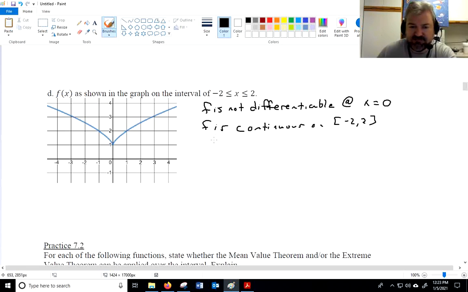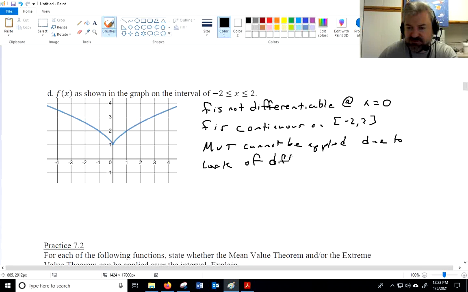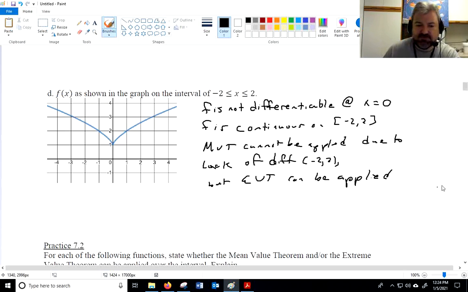So we definitely can apply that, but we cannot apply the mean value theorem. And in fact, the slope of the secant line there is 0, but this never has a horizontal tangent line. So mean value theorem cannot be applied due to lack of differentiability on the open interval, but the extreme value theorem can be applied. All right.